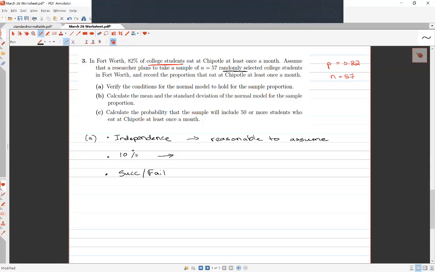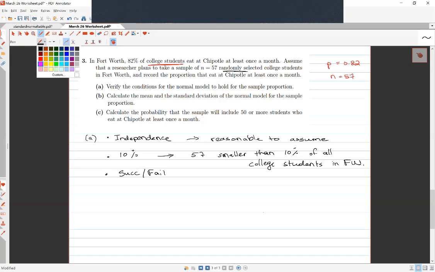But the 57 is much smaller than 10% of all college students. So the 10% rule is definitely met.